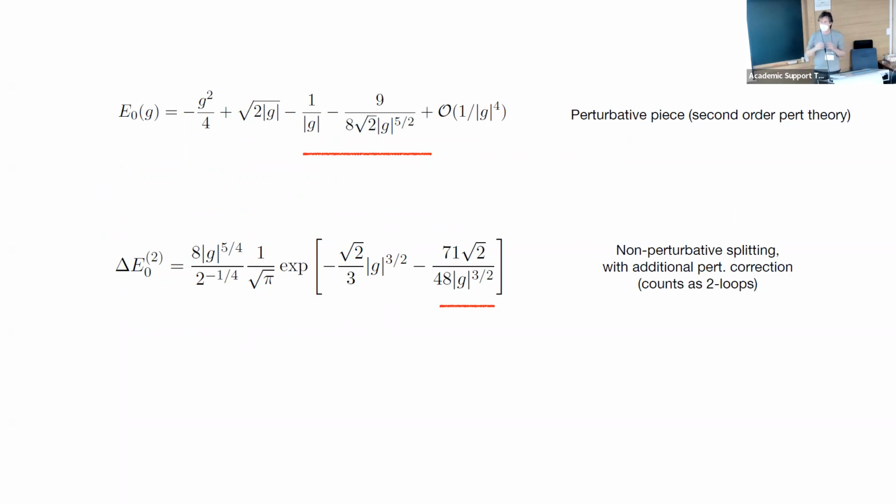So G large is kind of the limit where the physics is very perturbative. Okay, so this is just perturbation theory, and then the splitting of the energy levels, which is non-perturbative, and it's exponential in the tunneling rate with a perturbative correction to the tunneling rate. And all of this was basically done in the 80s by somebody else, and we just copied it carefully.